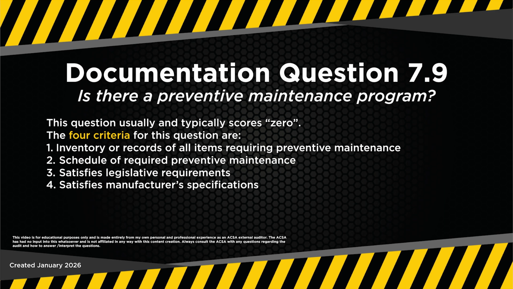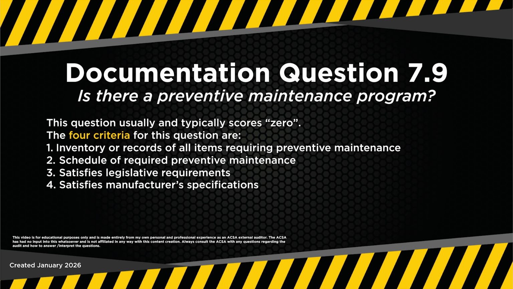And then question 7.9 asks, is there a preventative maintenance program? From my experience, and only from my experience I'm speaking, this question typically scores 0, and the reason is there's 4 criteria and you can see them listed there. A lot of companies provide an inventory of all the equipment and vehicles that require maintenance.